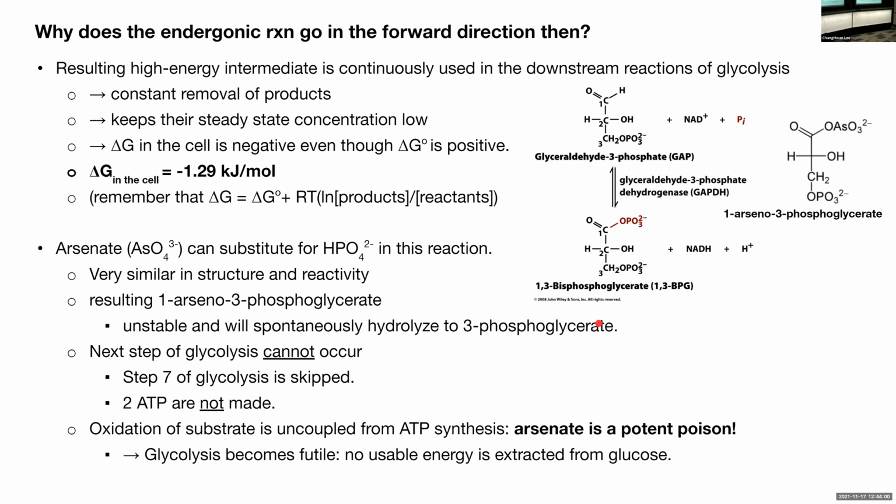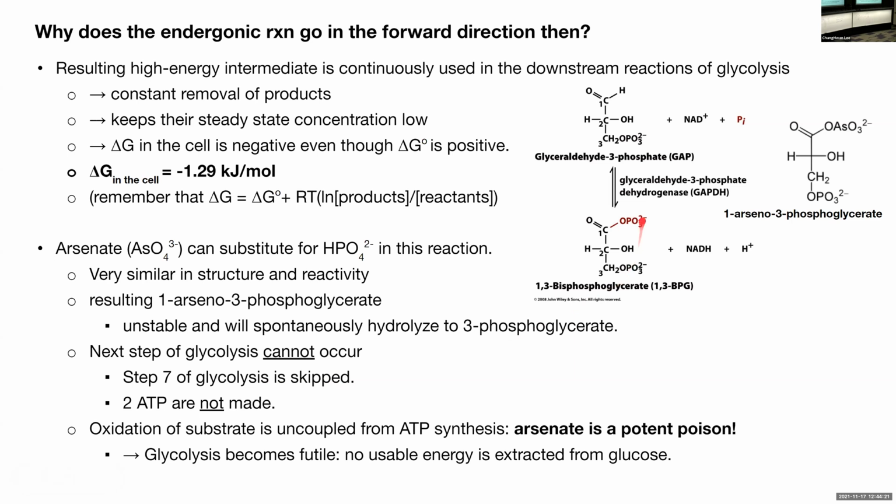But the problem here is that there's no phosphoryl group attachment involved there. So it's not going to get to the high energy state in terms of making this 1,3-BPG. So basically the next step of glycolysis is skipped.